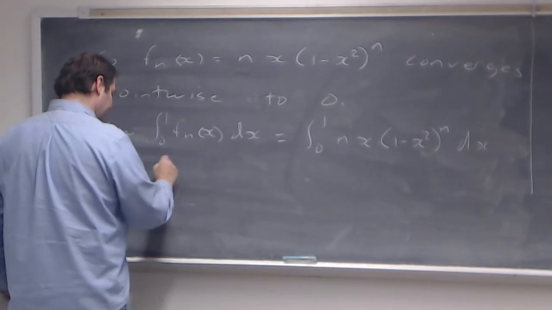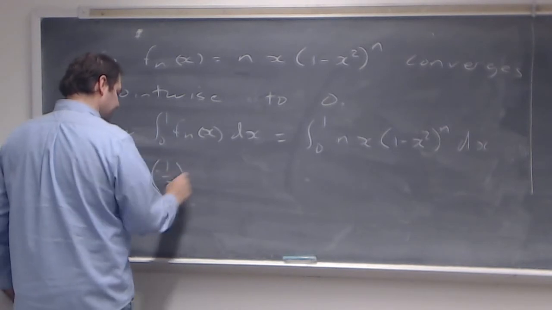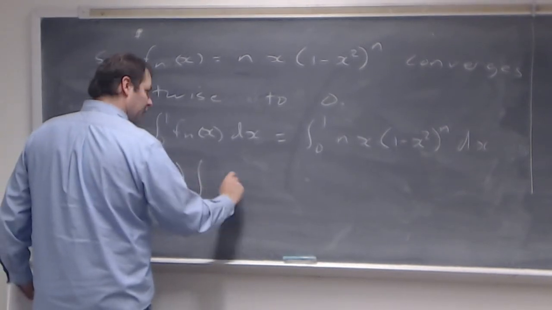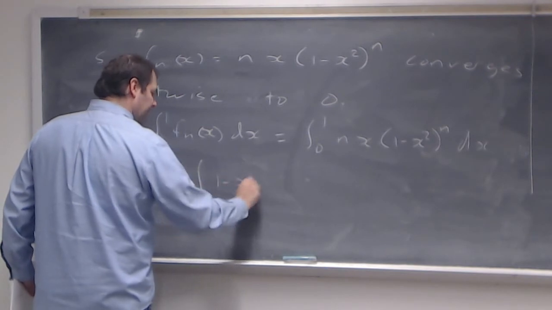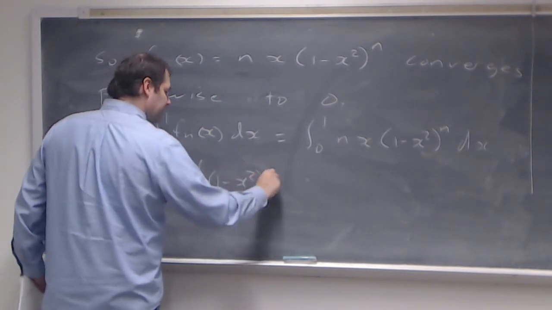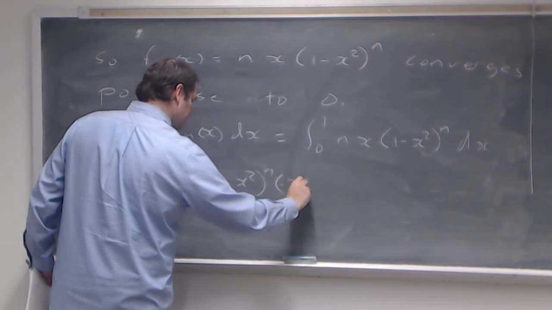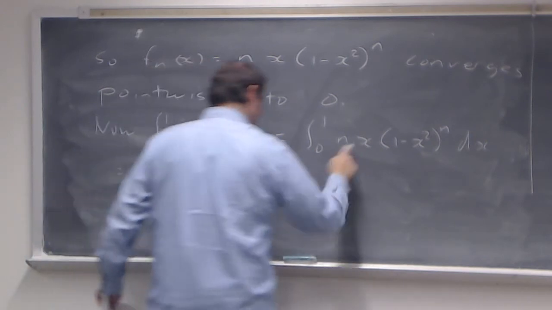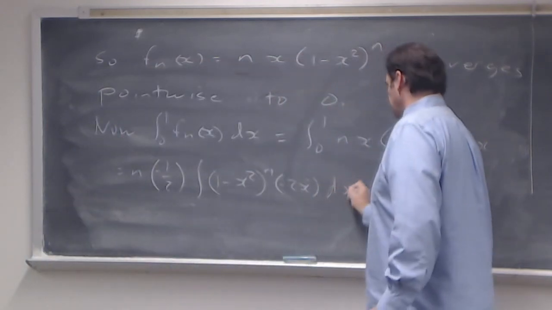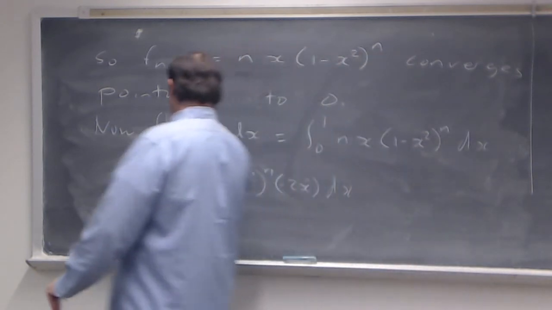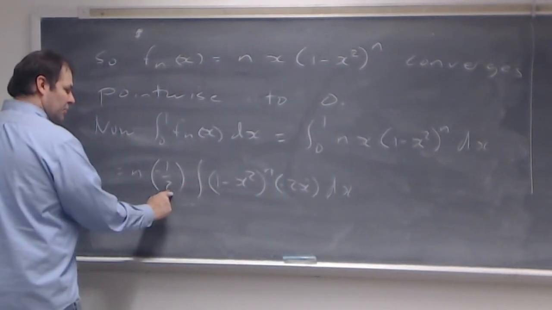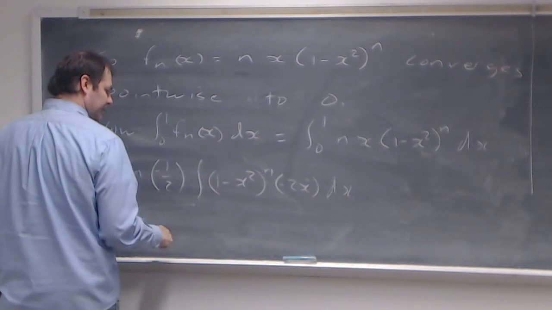But to be the derivative of something, we need a minus 2. So, I pulled out the n, and I'm going to have (1 minus x squared) raised to the n times minus 2x dx. I'm putting in a minus 2, so I have to compensate by putting a minus 1 half out front so they combine and multiply to 1.